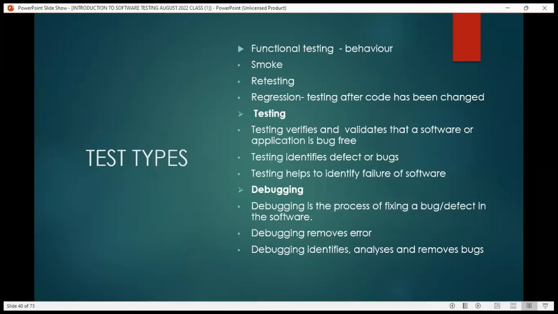Smoke testing is mainly checking the build. When developers finish coding, they do all this in the developers' environment. Because the developers' environment has all the structures needed, it is a stable environment for them.